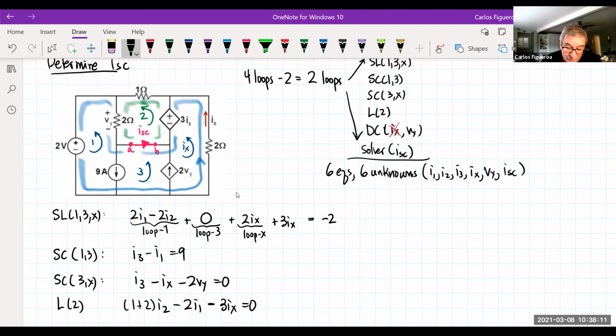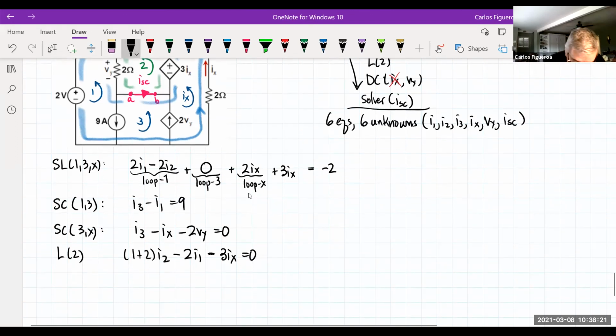Now I want to go after Vy. My DC here, you can see, is between loops 1 and 2. So let's write that. My DC for Vy is going to be, look at the current here, 2 is in the positive, 1 is in the negative. So therefore, I'm going to get 2I2 minus 2I1 equals Vy.